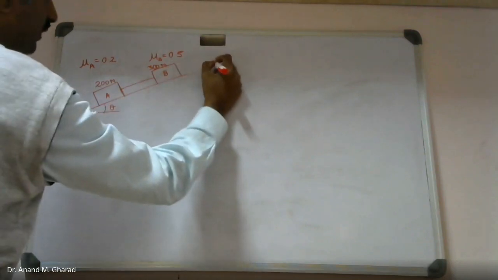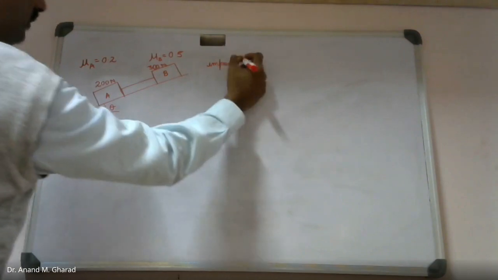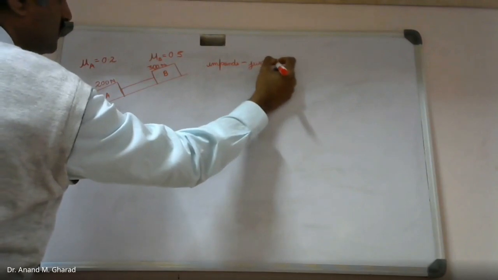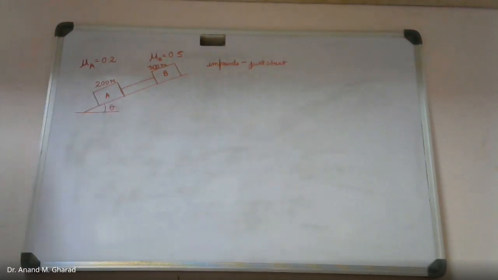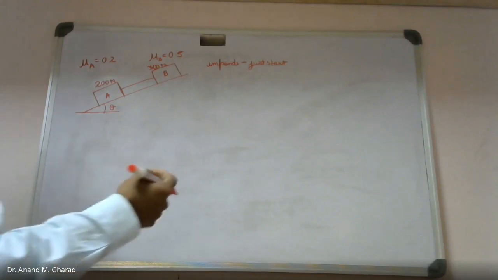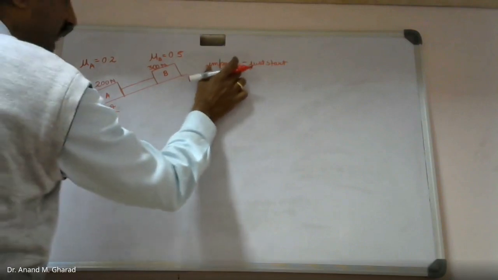Motion impends. What does impending mean? Just begin or just start. That means it has not achieved its final motion, but it is bound to start. This is known as impending motion.